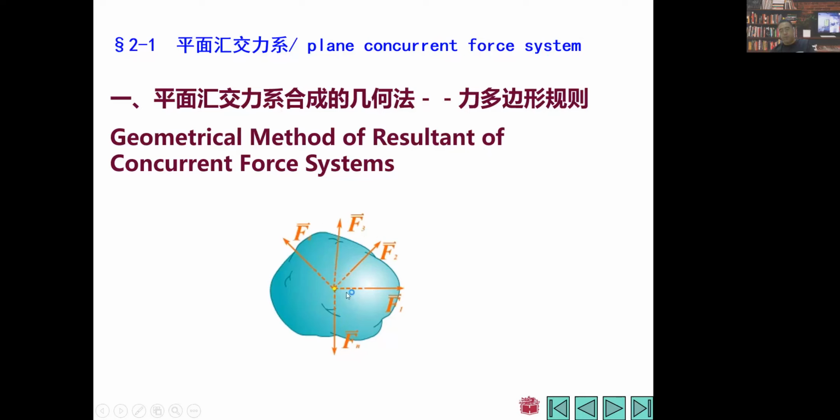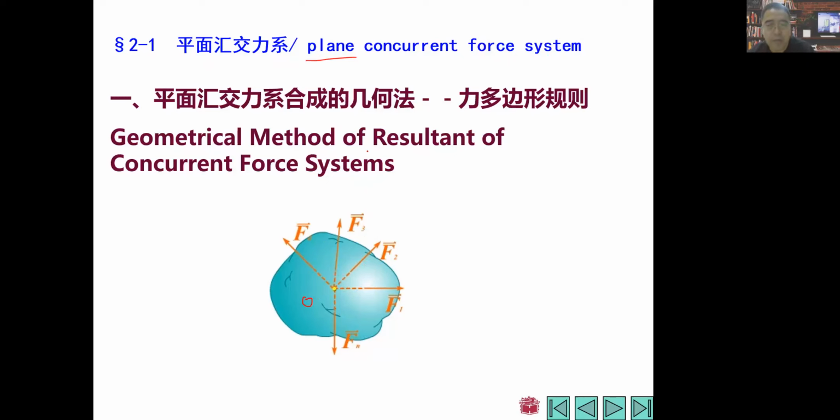That means the action lines of all the forces intersect at the same point, let's say point O. And all these forces are on the same plane. We call that plane concurrent force system, 平面汇交力系.